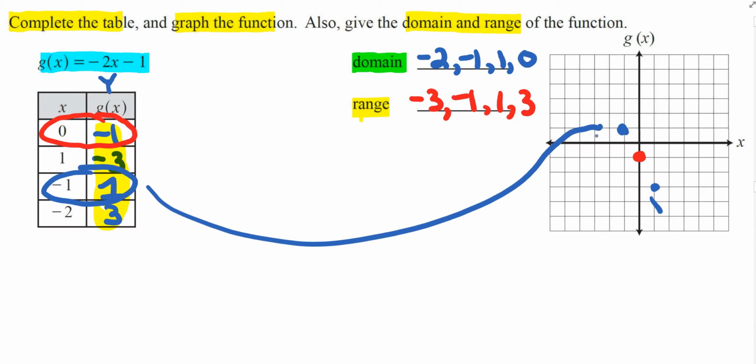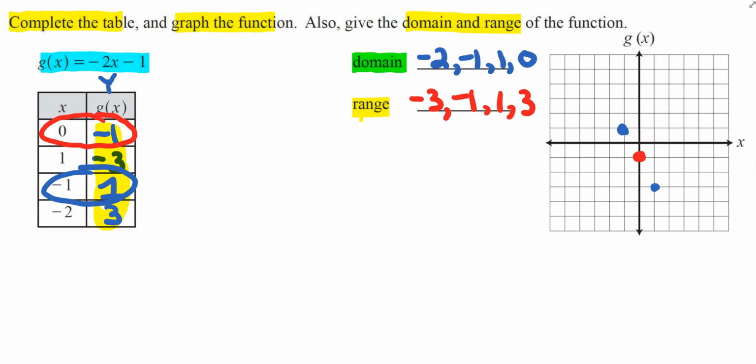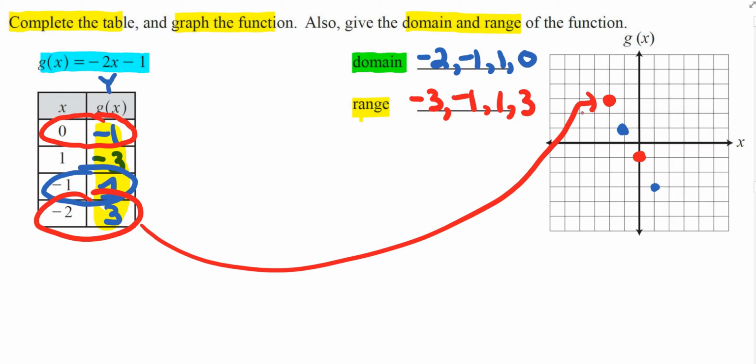Finally, let's plot the last one, which is negative 2 comma 3. I go left 2, then up 3, and there's that point right there. And there is your graph for that particular problem.